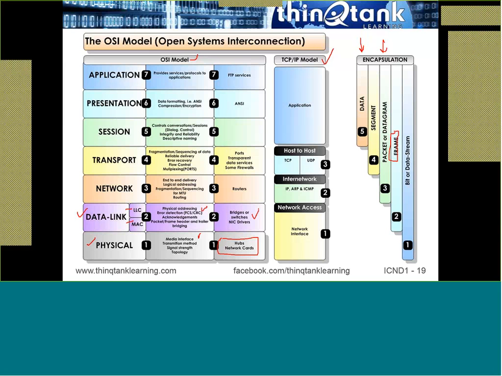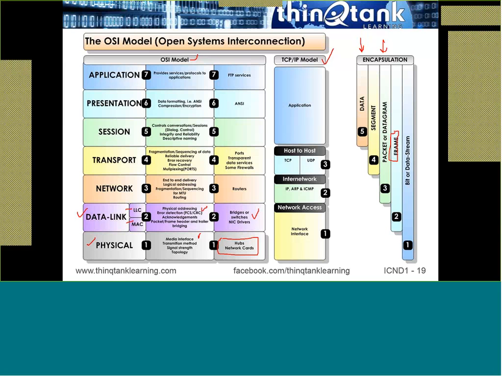So when I say a device functions at a particular layer, it means that it makes its decisions based on what's happening at that layer. So a bridge will never look at an IP address and say, I'm going to forward information based on this IP. A switch will never look at an IP address and say, I'm going to forward information based on this IP, because they don't understand IP. Everything above layer 2 is data. Okay?